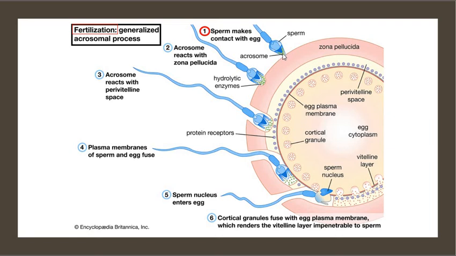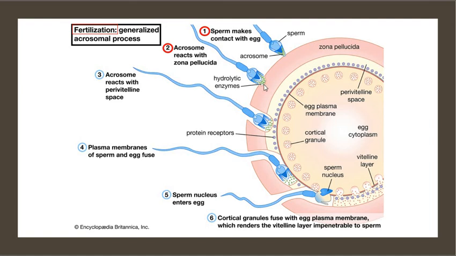Now, remember that little thing we talked about before, the acrosome that contains digestive enzymes, or if you prefer, hydrolytic enzymes. Okay, once the sperm comes in contact with the outer part of the egg, which is known as the zona pellucida, there's a chemical reaction that happens, and the acrosome bursts open and starts digesting through.